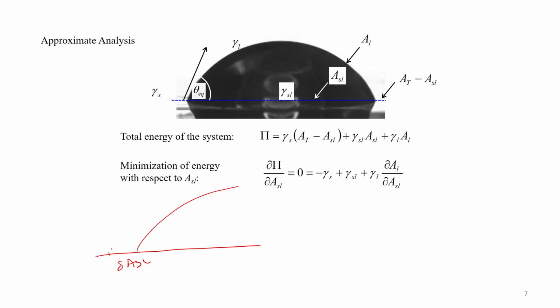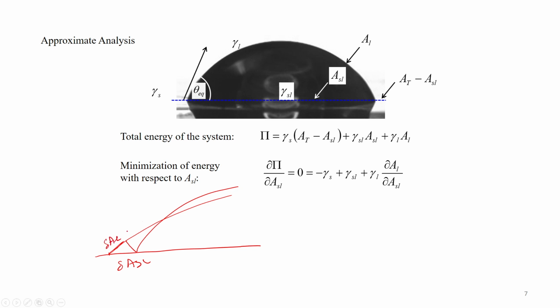Because it has moved, the profile of this liquid drop has changed something like this. We can draw a perpendicular over here, and these are infinitesimal distances. So, the change in the surface area of the liquid is over here, delta AL.